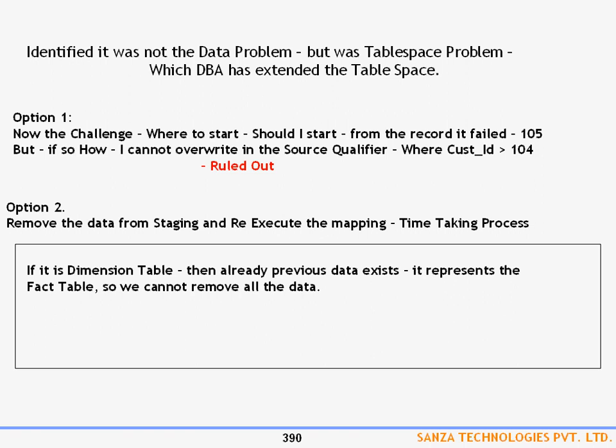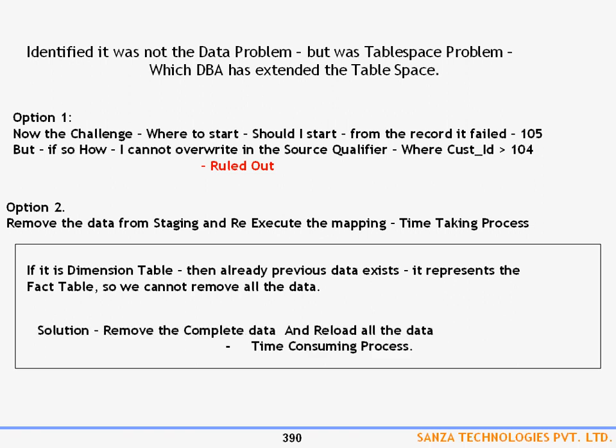Or if it is a dimension table, it might have updated the previous data, so we cannot remove all the data from it. So removing the complete data and reloading all the data in the dimension and fact tables is time consuming.